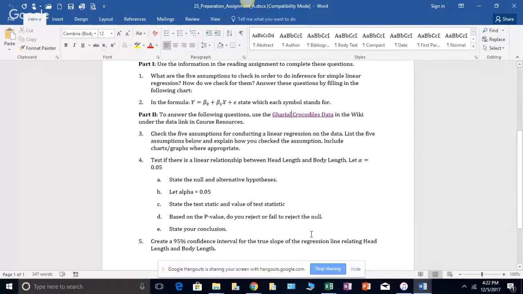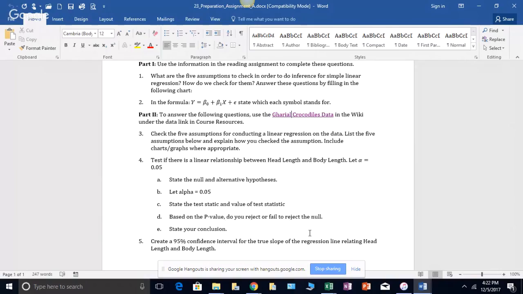And then we're rejecting the null. Yep, reject the null. And we have sufficient evidence to suggest that there's a linear relationship. Yep. And when we have the 95%, then it becomes 6.04 and 8.096 as your confidence interval.